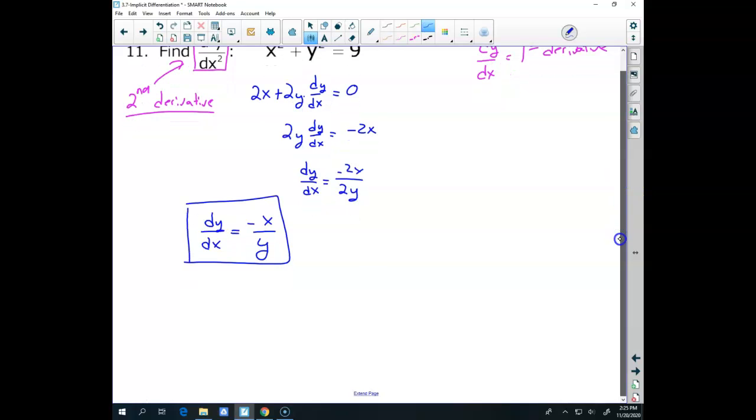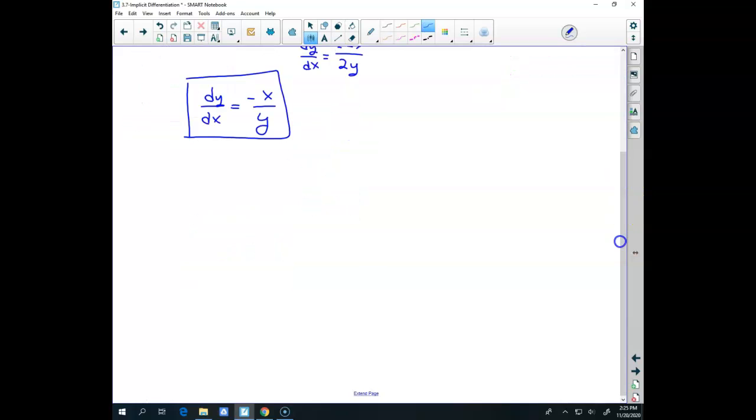So now to get my second derivative, I would use a quotient rule and I would say d squared y over dx squared equals, this is a quotient now, okay? And that's derivative of the top, negative 1, times the bottom, y, minus the derivative of the bottom, that's my dy dx, times the top, which is a negative x, all over my bottom squared.